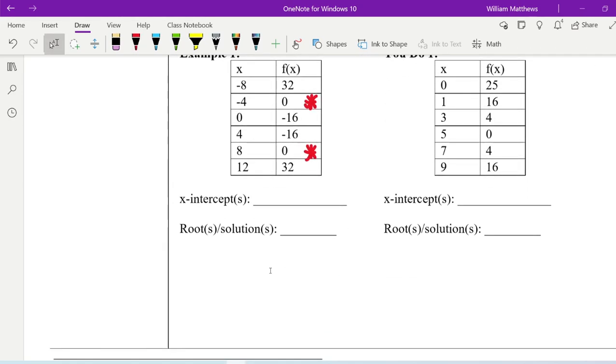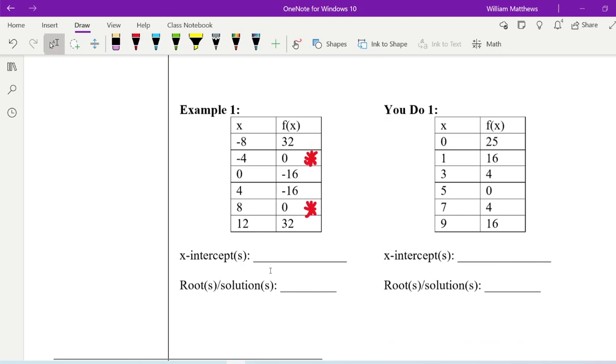Scroll down a little bit more to make this easier to see. So our x-intercepts are the (-4, 0) and our (8, 0). Remember that our x-intercepts are when our y value is 0, when it crosses the x-axis.